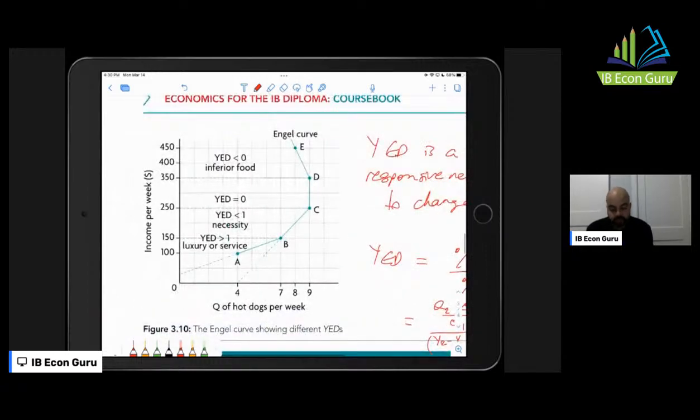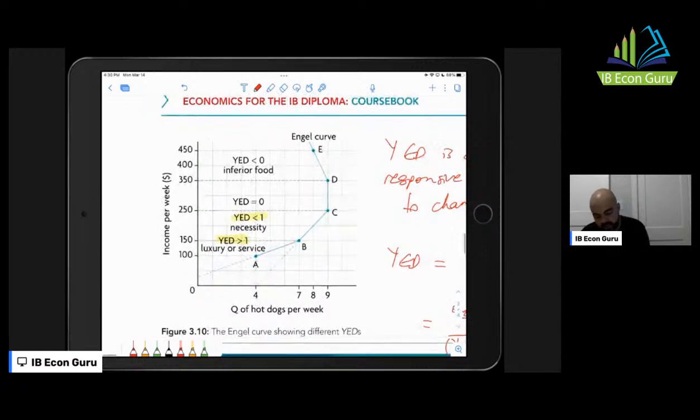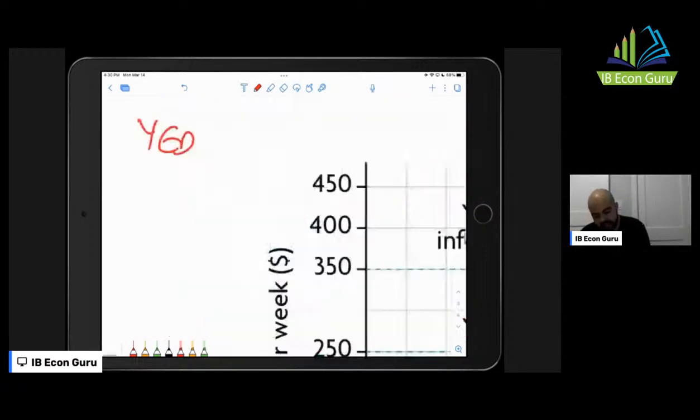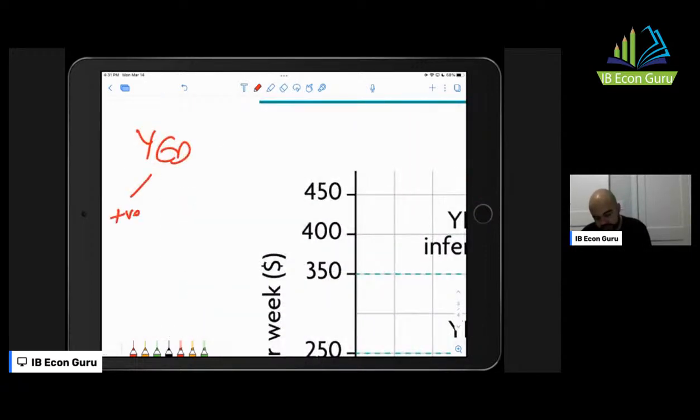So YED is positive for normal goods and negative for inferior goods.